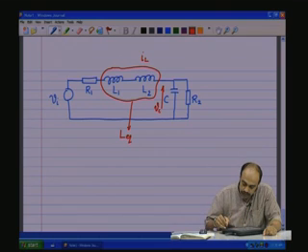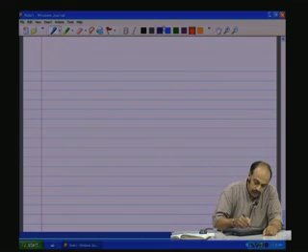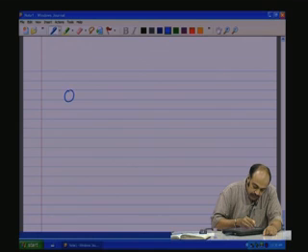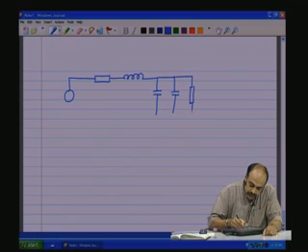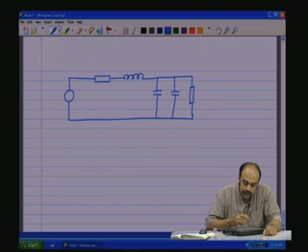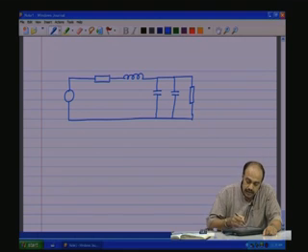The other problem could be something like this. I have an R, I have an L, I have a C, another C, and let us say a resistance. This also could lead to a conflict in deciding the number of state variables.